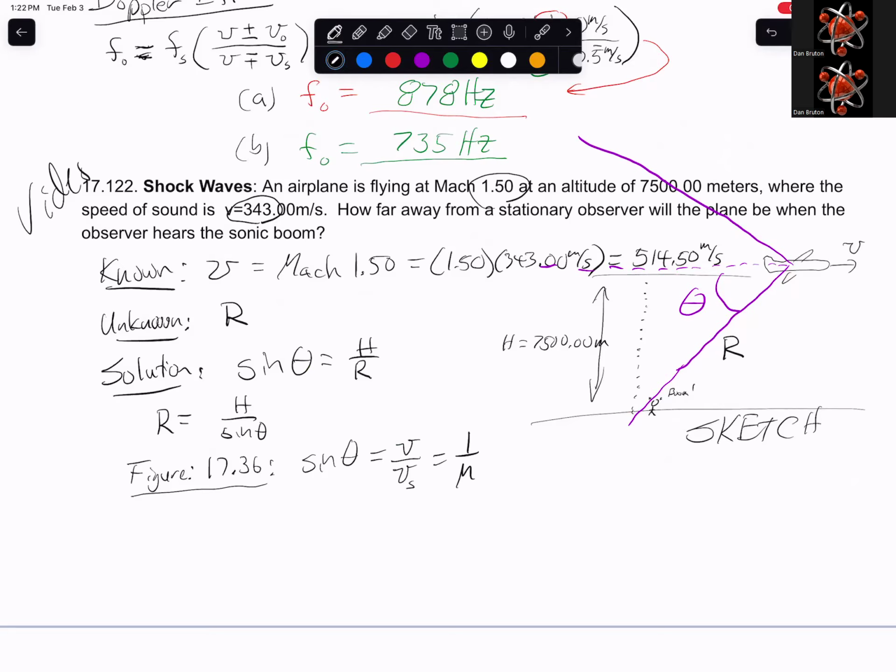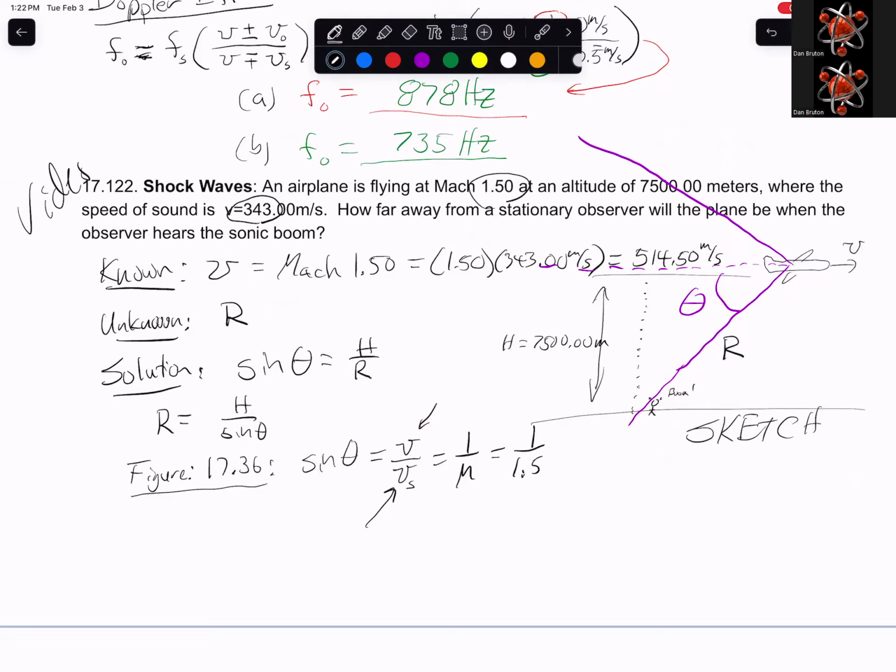Now, let me make sure I got that right, because sometimes they use v sub s for something else. So the Mach number is, yeah, this is the speed of the aircraft right here, and that's the speed of sound. They're kind of making it easy for us then, because then it's just 1 over 1.5, like that.